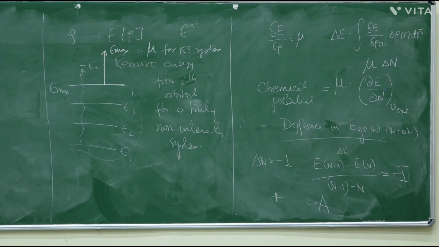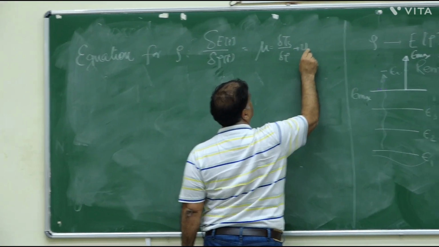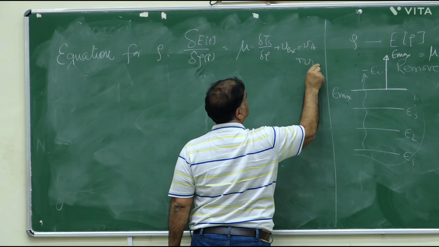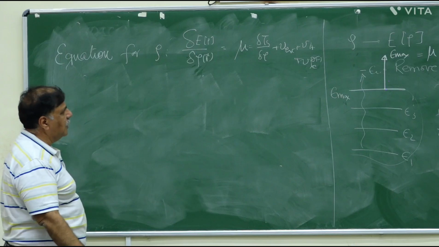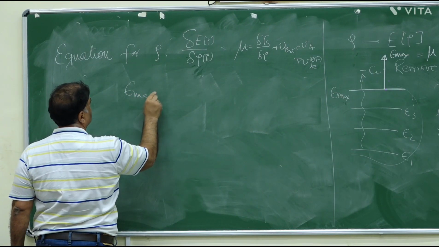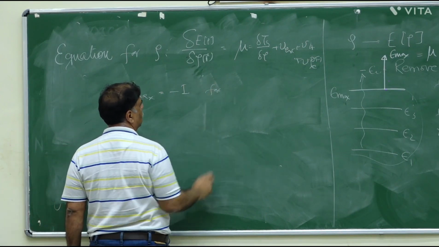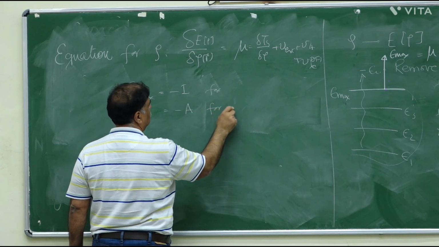But the way we constructed the Kohn-Sham system, mu was the same, because we wrote it as delta T_s/delta rho plus V external plus V Hartree plus V_xc DFT. So mu is the same by construction, and therefore epsilon max is equal to minus I for removal of an electron and minus A for adding one.